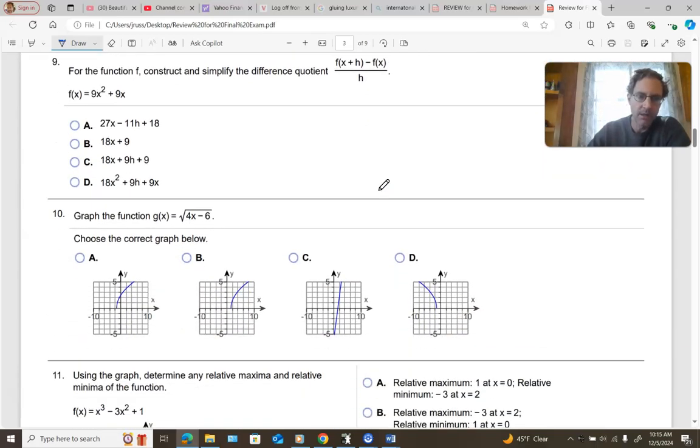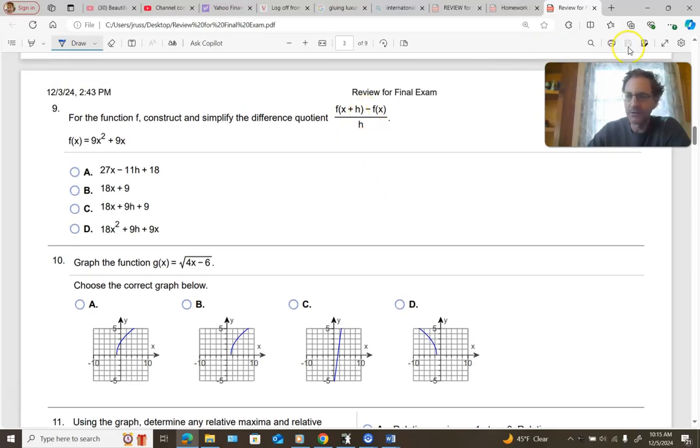Okay, so number 9, this is one of your favorites. We have to construct and simplify the difference quotient. So the first thing we do here, guys, is we plug x plus h into this function. So if I do that, I'll have 9 times x plus h squared plus 9 times x plus h.